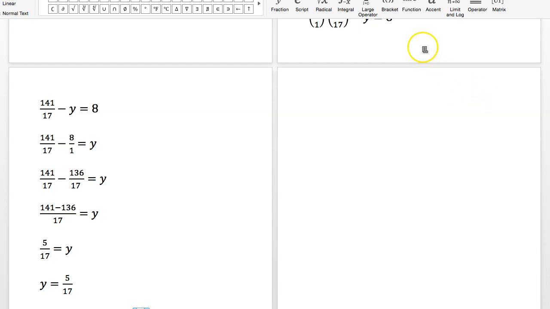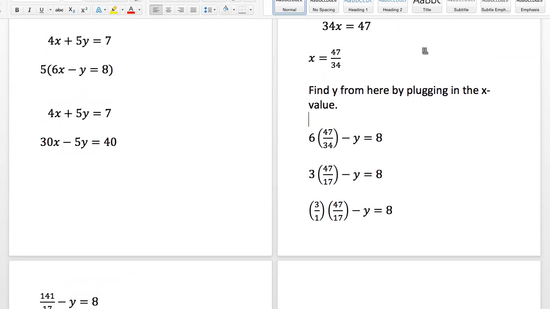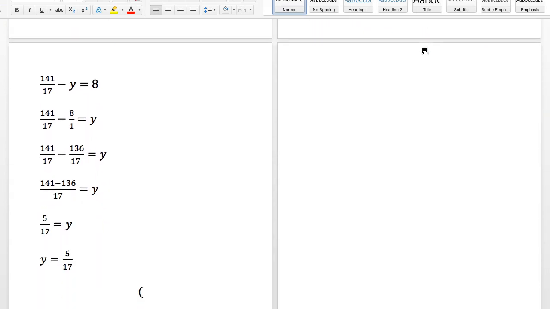So x is 47 over 34, positive, and y is positive 5 over 17. At the end of the day, you want these reduced. The only reason I kicked y back up to 34 a minute ago was to check my answer. When you write the final answer, you want 5/17 for y.